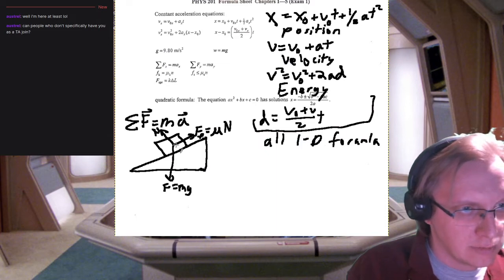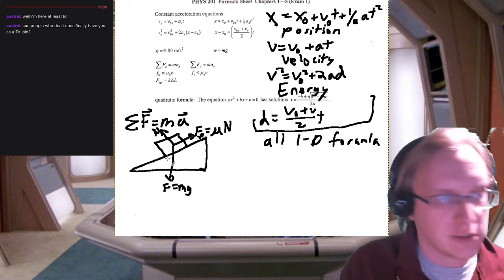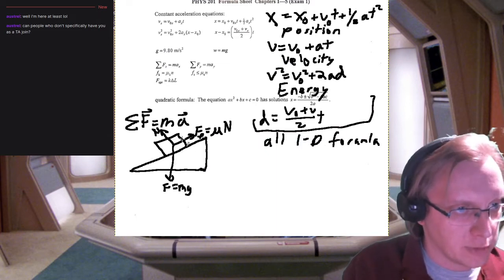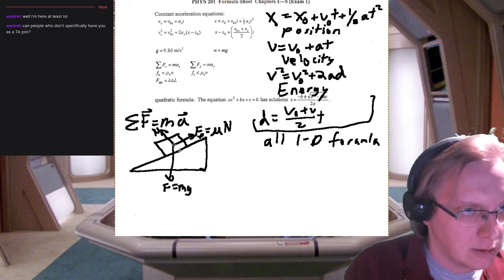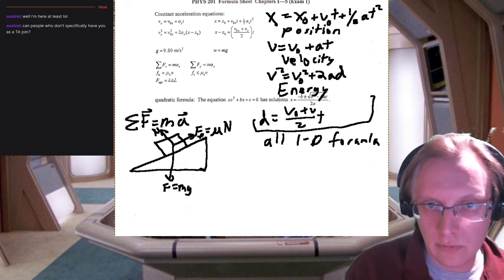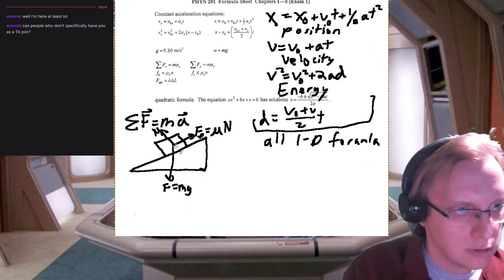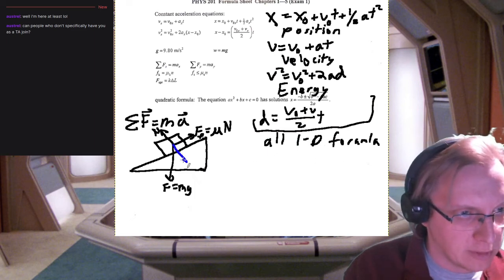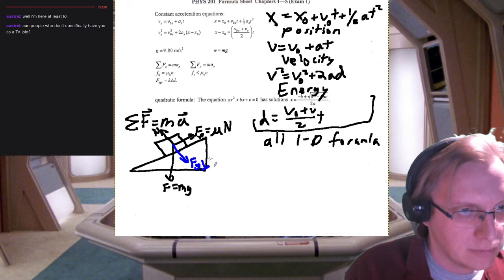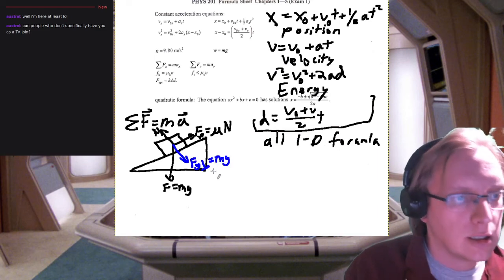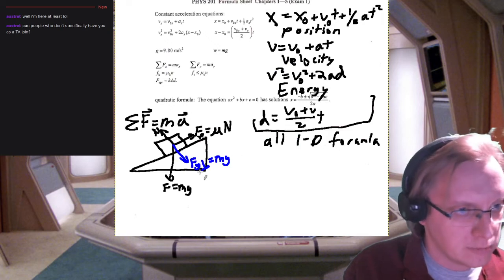And then you need to pick your directions so that your parallels are with your parallels and your perpendiculars with your perpendiculars, so that you only have your force gravity perpendicular. This comes out to be mg and then we need a trig function.